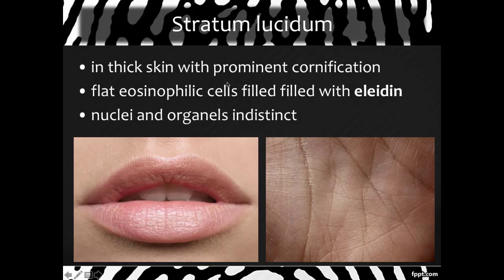So in this layer, nuclei and organelles of keratinocytes are indistinct. They start to degenerate, and it stains poorly.